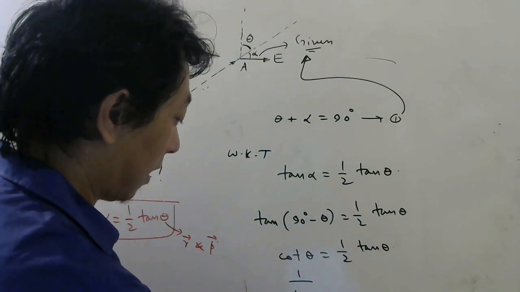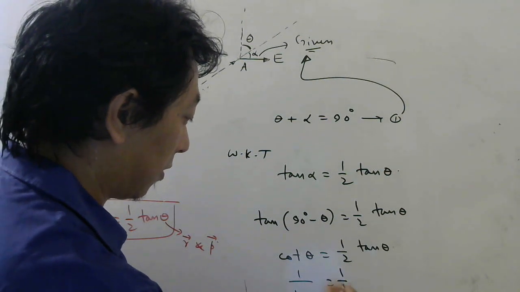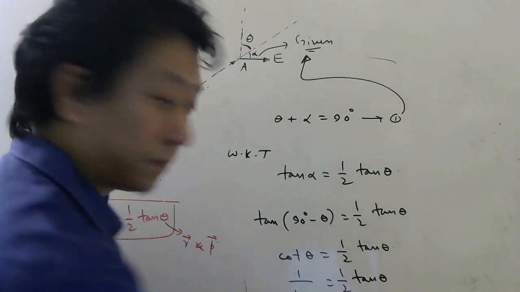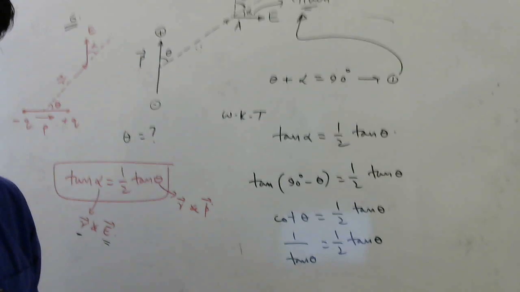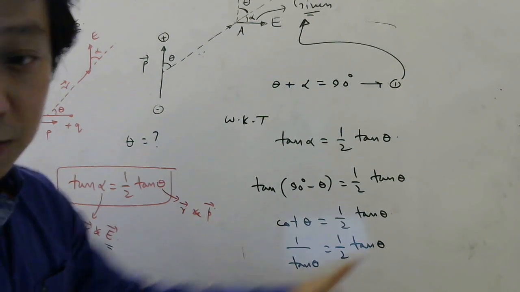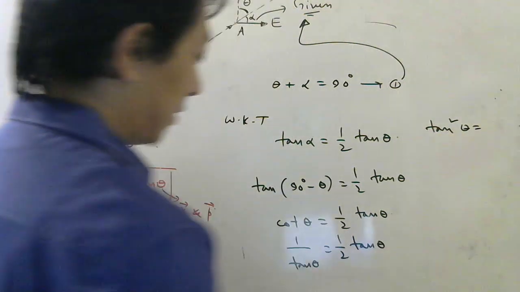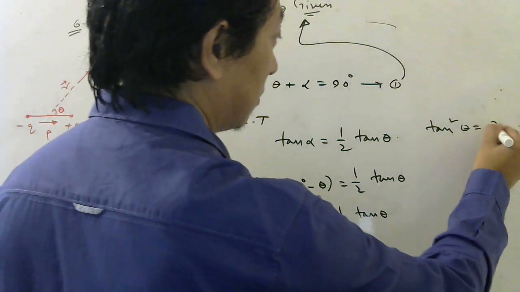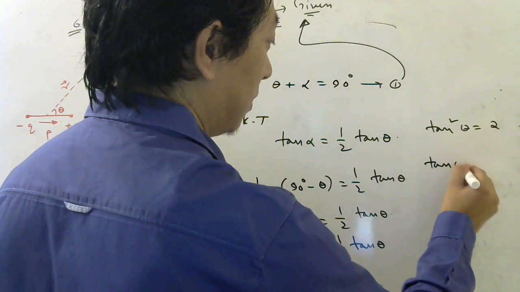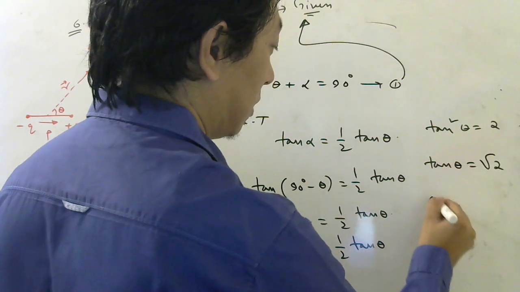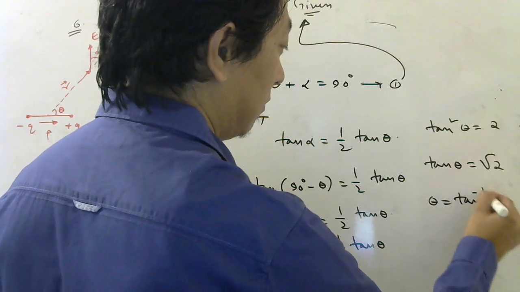So 1 by tan theta equals half of tan theta. Cross multiply: tan square theta will be 2, so tan theta will be root 2. So theta will be tan inverse root 2.